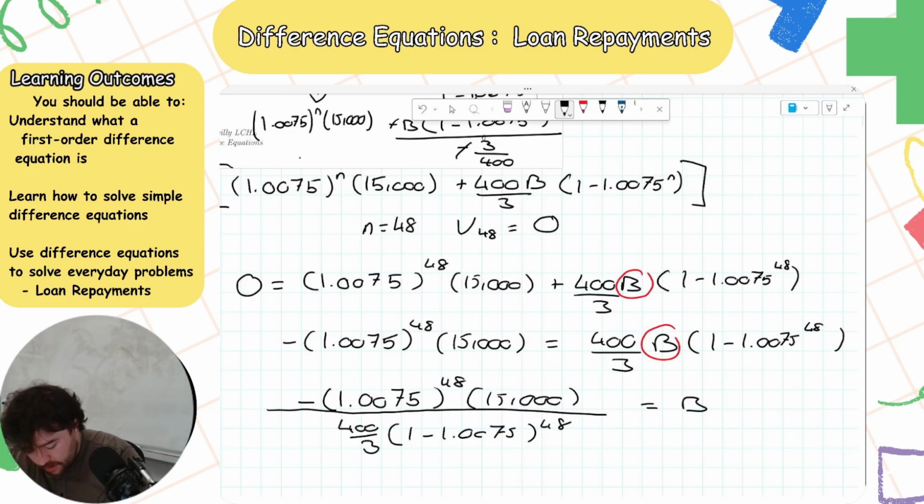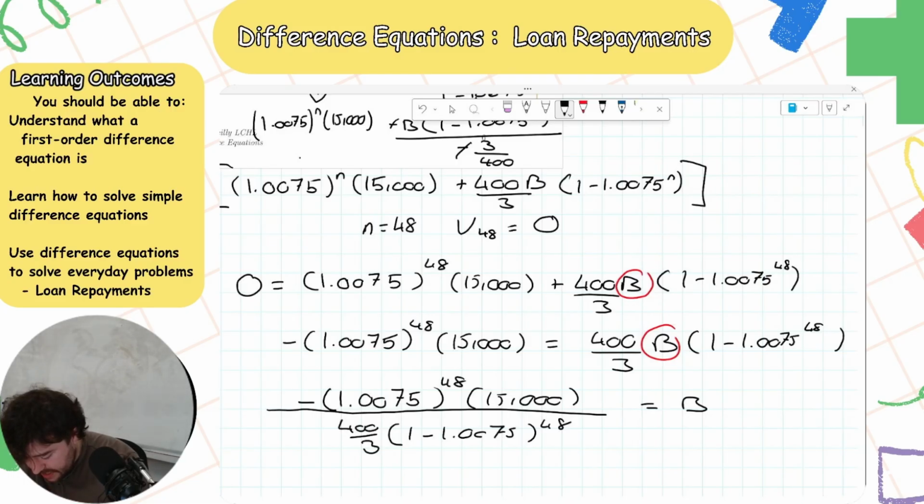You put all of this in your calculator: minus 1.0075 to the power of 48 times 15,000, over 400 over 3 times 1 minus 1.0075 to the power of 48.